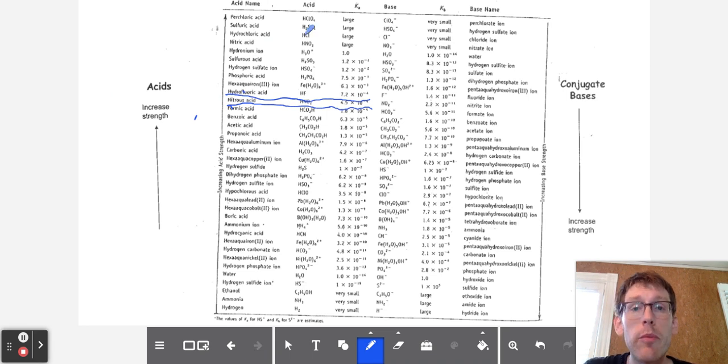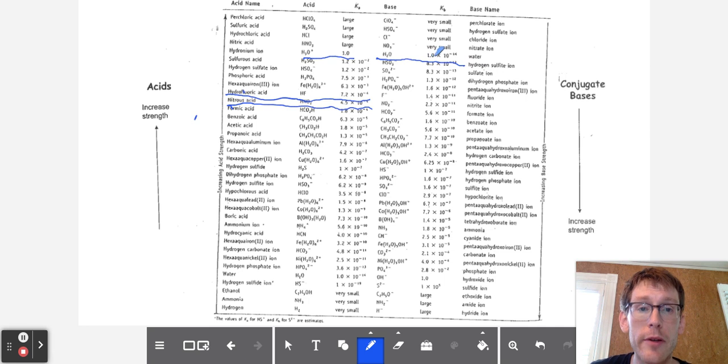I do want to point out that if you multiply the Ka of one substance and the Kb of its conjugate base, always you're going to get the water constant of 1.0 times 10 to the negative 14th. Most obvious case being the hydronium ion up here with a Ka of 1.0 and the H2O, its conjugate base, having a Kb of 1.0 times 10 to the negative 14th.